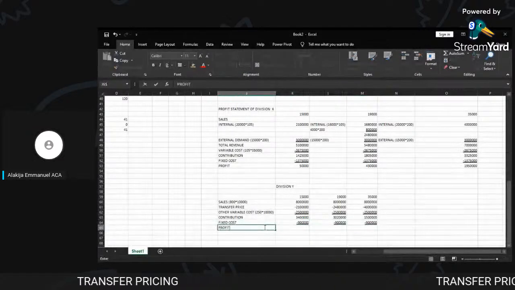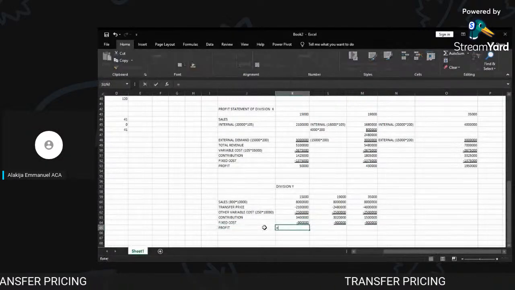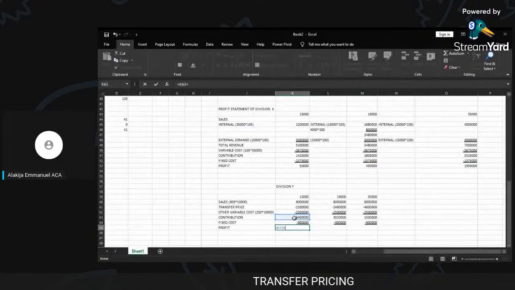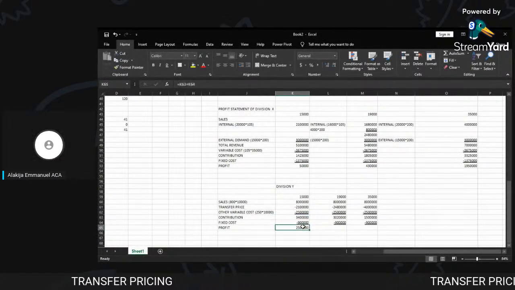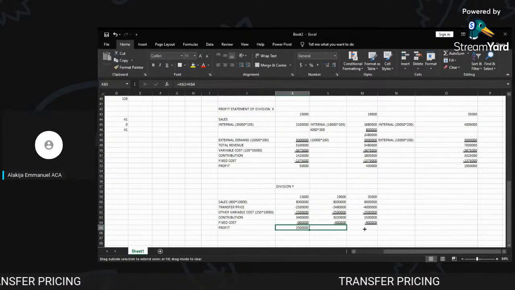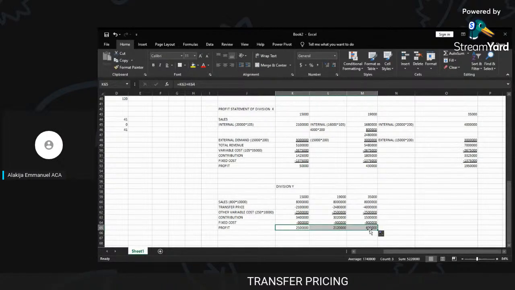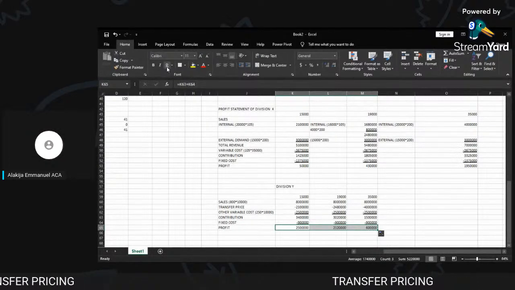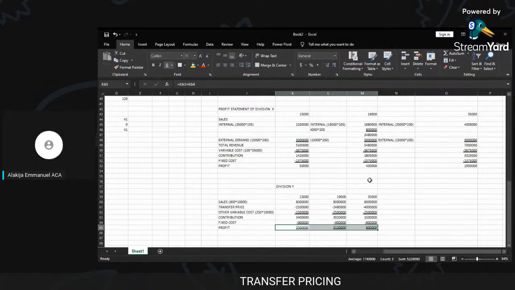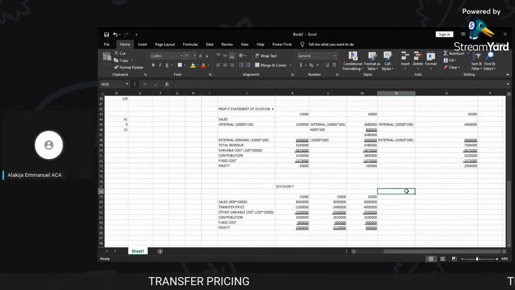So we can get the profit, is 2.5. Then we have 600,000. So this is the profit. We are done with requirement A.